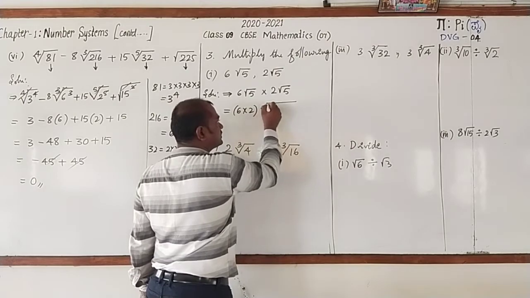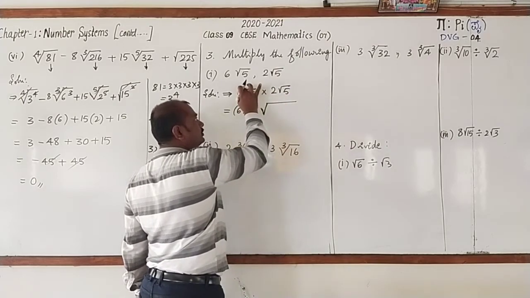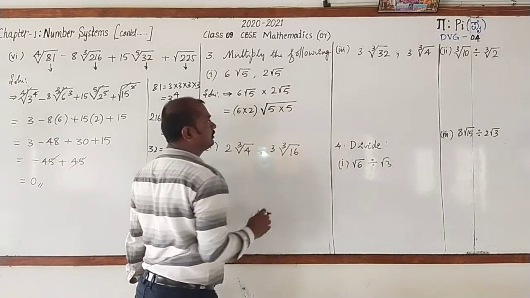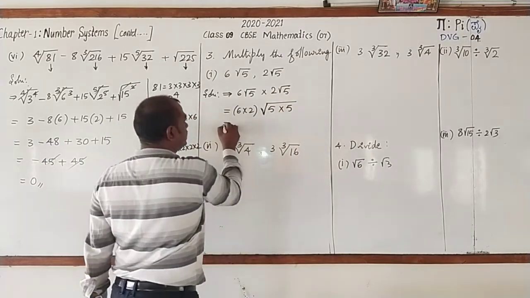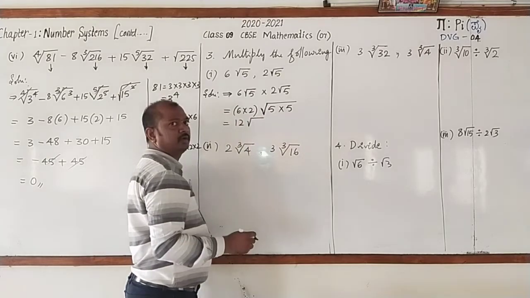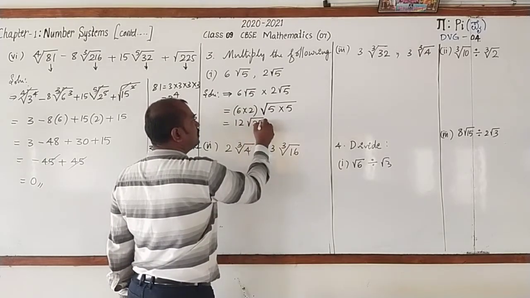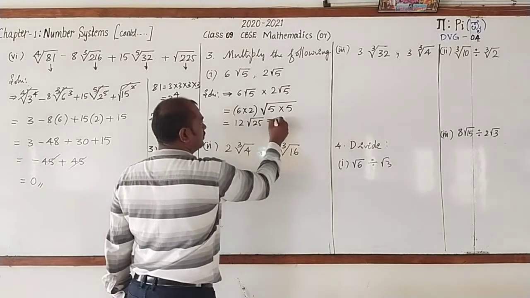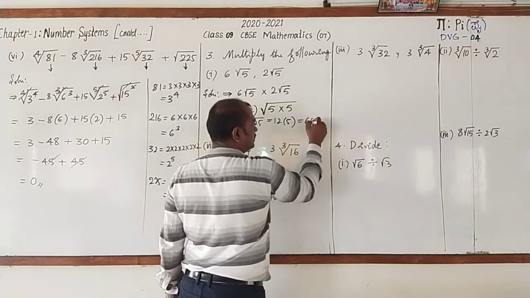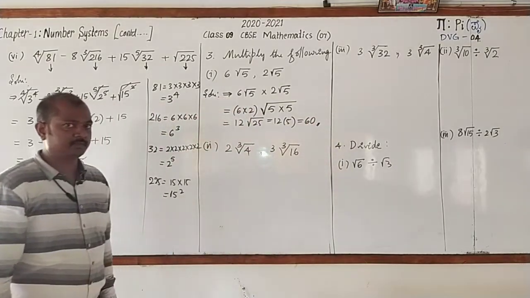Next, as I said, order is same, here also 2, here also 2. Remaining 5 into 5. Understood? What is 6 2s? 12. Then 5 into 5, 25. Square root of 25 is 5. Clear? 12 5s are 60. So the value will be 60.